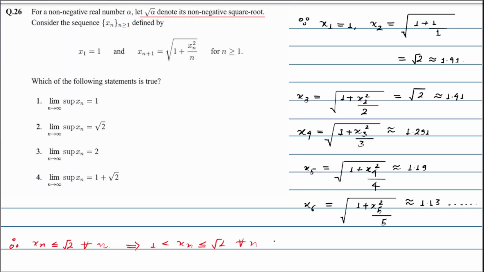So from here I can say that xn is a bounded sequence. This part is done: xn is bounded.